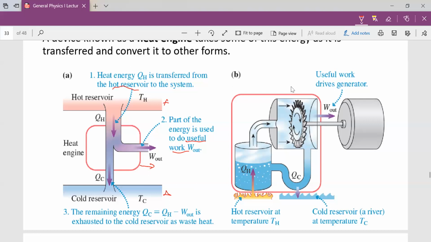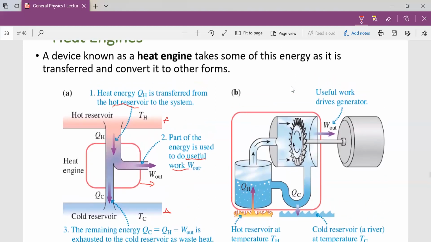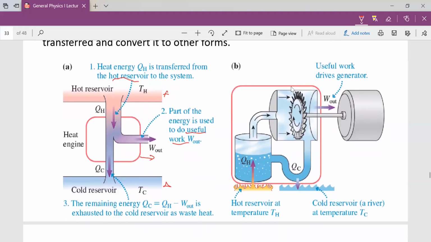So let's now put a name to what we're talking about. Look at this turbine or power generator. This is driven with the steam coming up from the hot reservoir. You have water here that is heated up to high temperature.